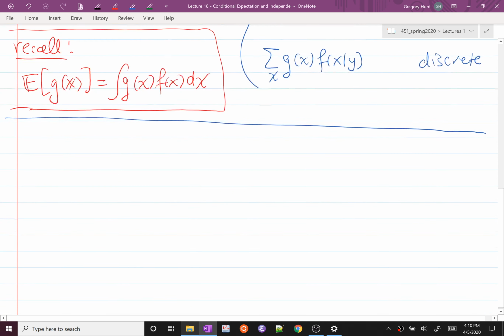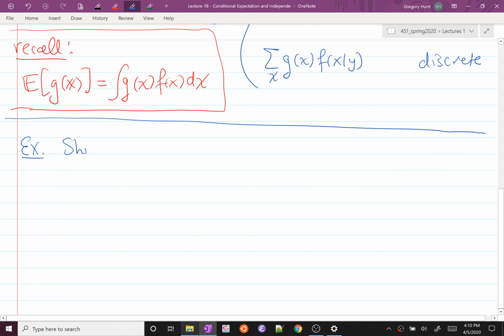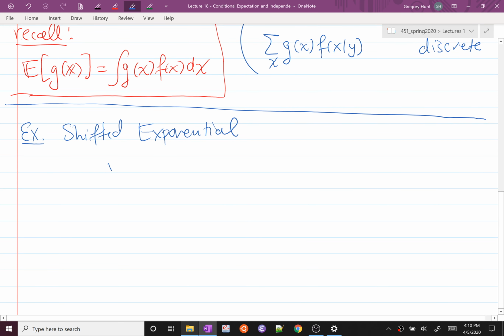So we can continue the example from last time, where we talked about the shifted exponential. We said that in this case we had y given x is some value little x distributed exponential, the rate parameter was 1, and the shift, which is a new parameter, is whatever my little x value is.